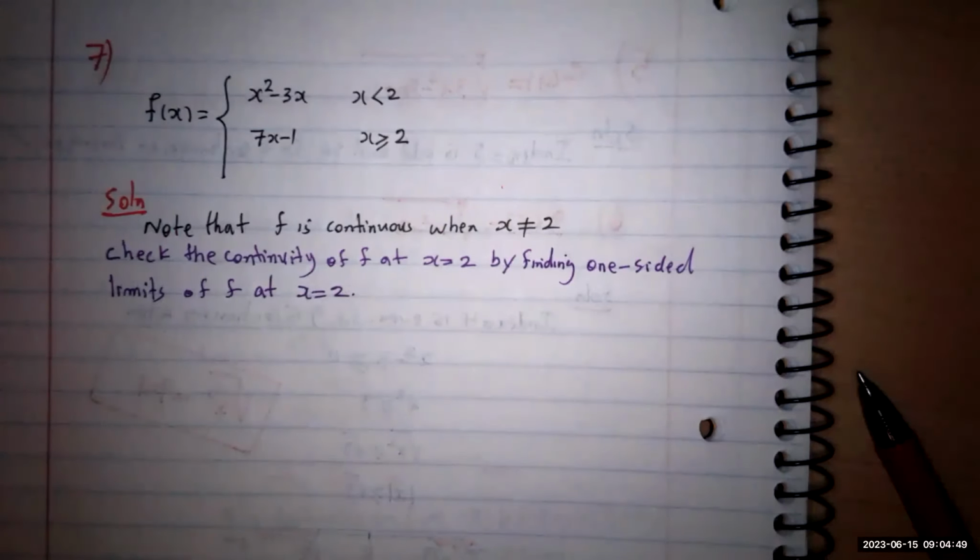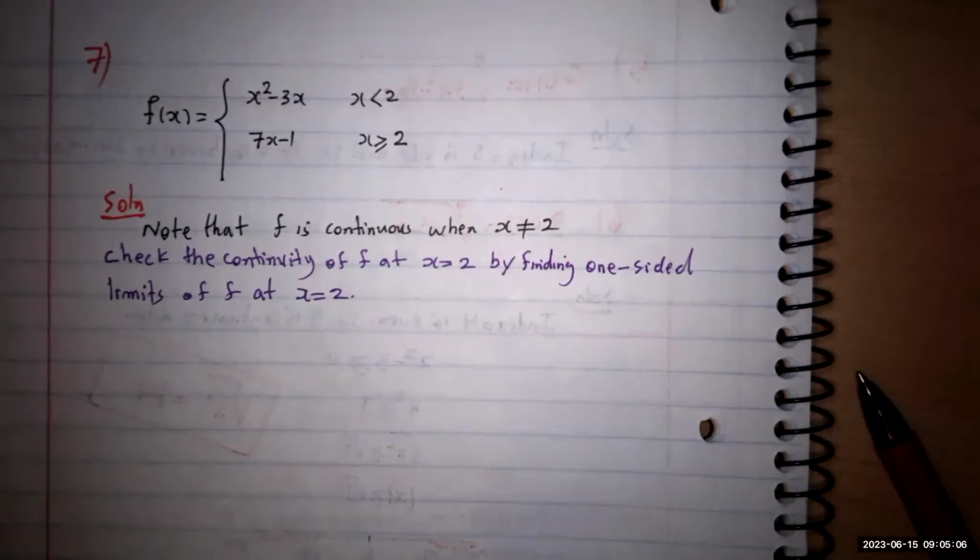When you check it, there are 2 possibilities. If the limit does exist, this function is continuous forever. If it doesn't, the function is continuous everywhere except at 2. There is a hole here. Any question? So check the right and left limits.